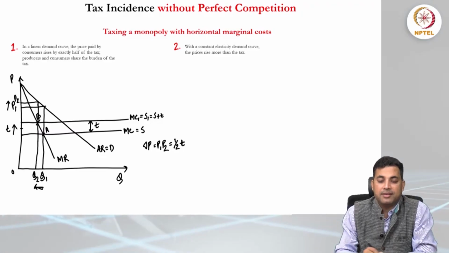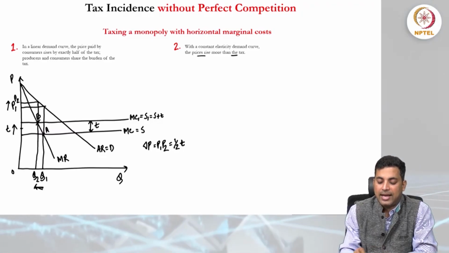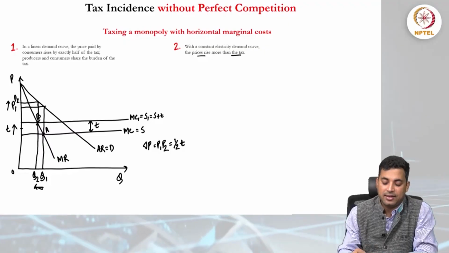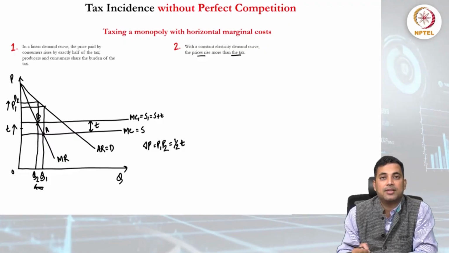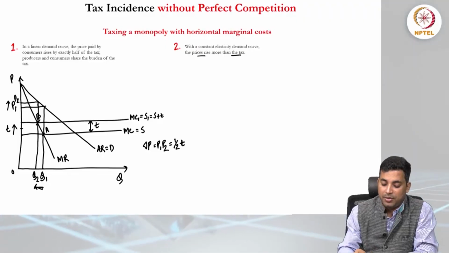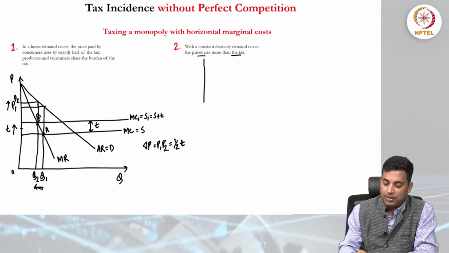Now we can go ahead with case 2, where the constant elasticity demand curve and the price rises more than the taxes. Let us see the case when the demand curve is not linear. If the demand curve is just simple downward sloping, let us draw this.